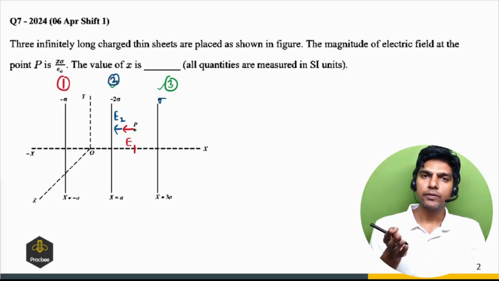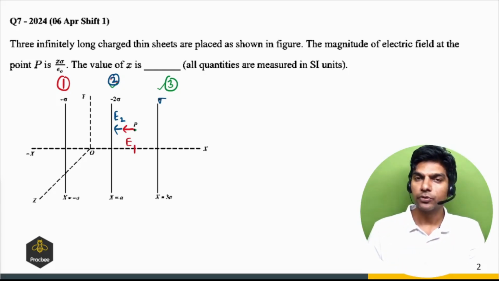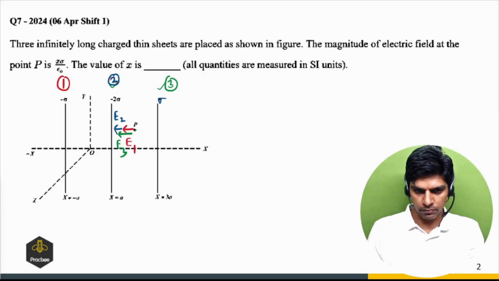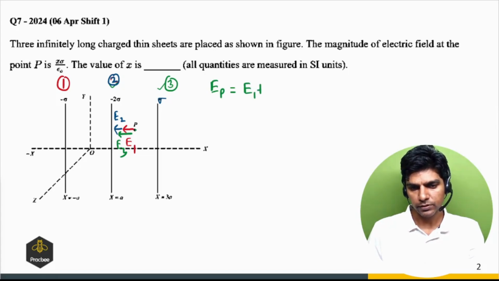In case of a negative charge, the field is towards the negative charge. In case of a positive charge, it is away from the positive charge. So we can say E3 is also in the left direction. So all the 3 fields are in the same direction. So the net field at P will be E1 plus E2 plus E3.